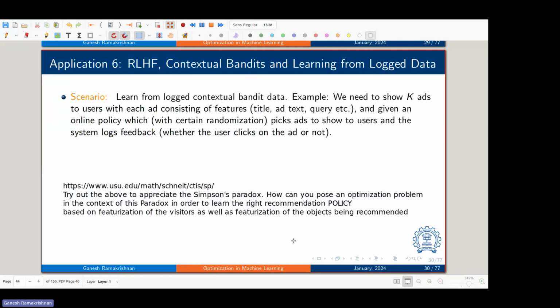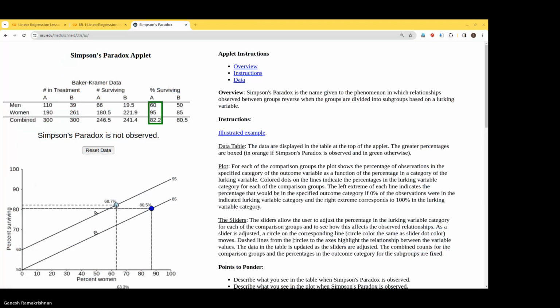But what's the reward? In the case of the treatment, what was the reward like? Some implicit policy took an action, but the reward is basically how many people survive.